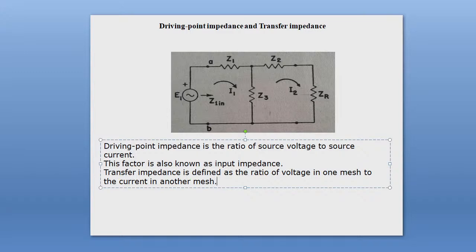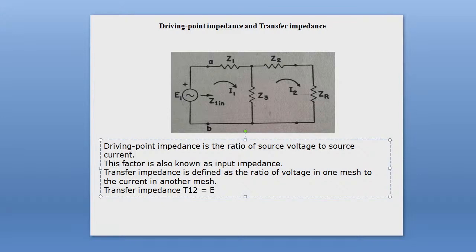So we can write the mathematical representation of transfer impedance. Transfer impedance Z_T, considering loops 1 and 2, equals E1 divided by I2.